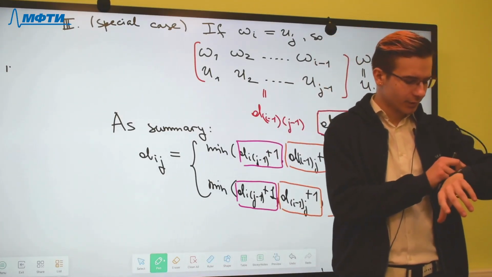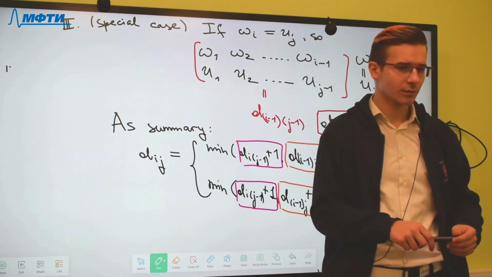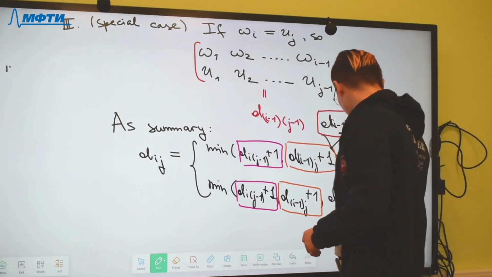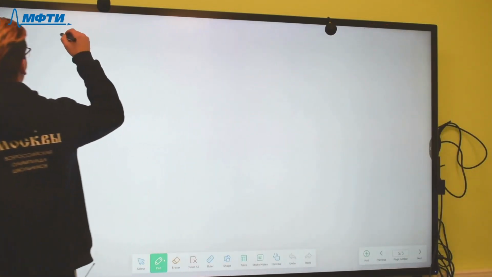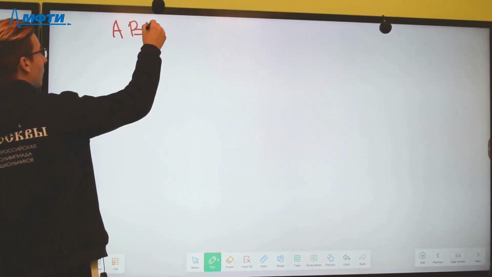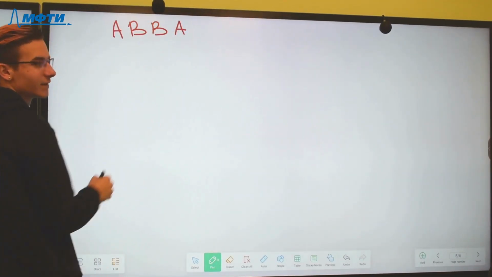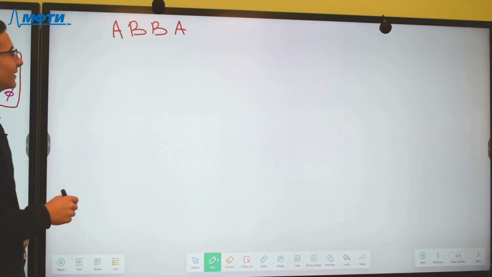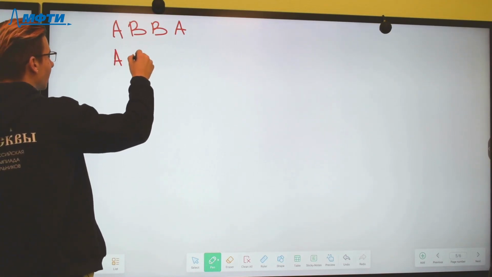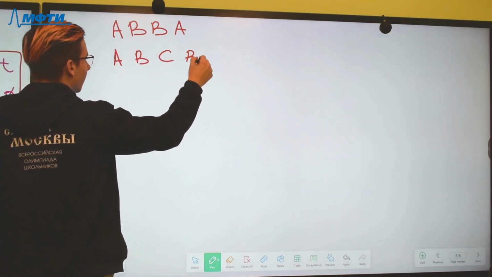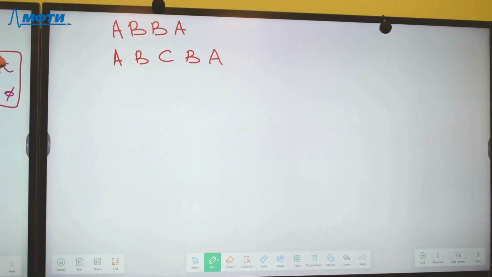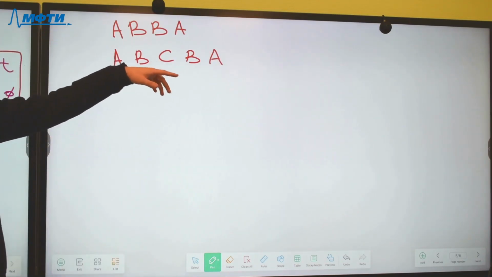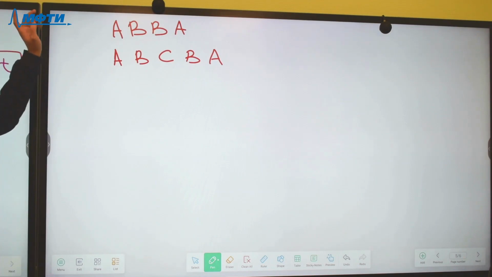Do you know what a palindrome is? Palindrome. What? As this word, for example. If we read this word from left to right or right to left, we get the same word.